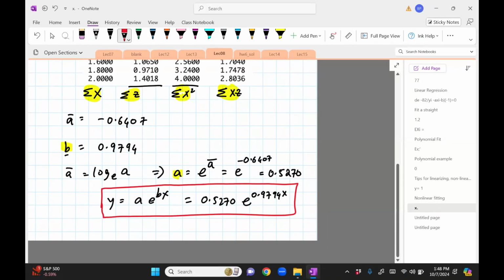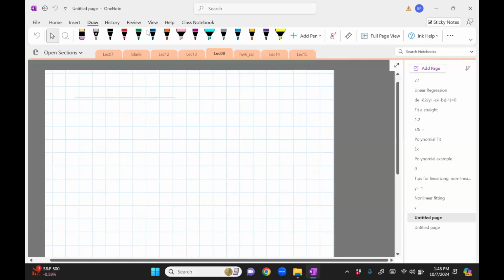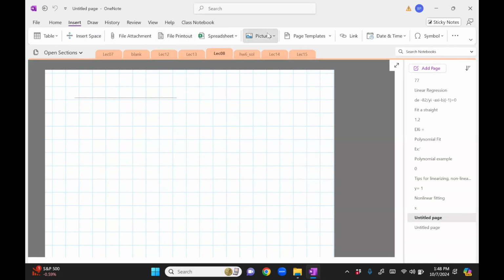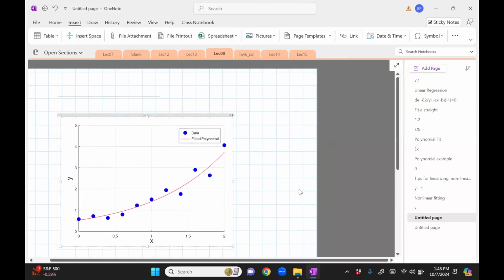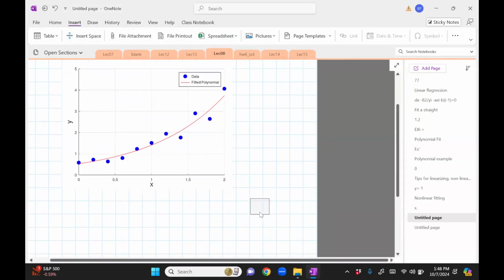It's always a good idea once you get the fit to plot the data, because you may be wrong in the fit, right? The solution might be wrong. So I'll just insert that and we're done. So this is what I got for the fit. The blue dots are the data, and the red is the fit.